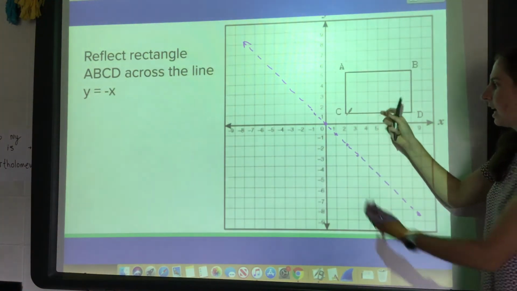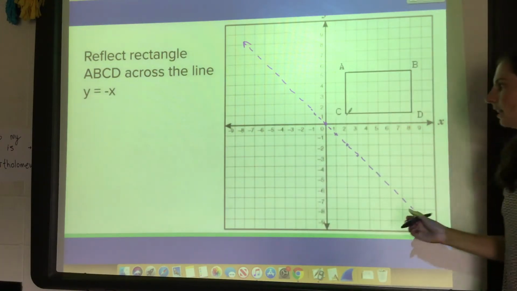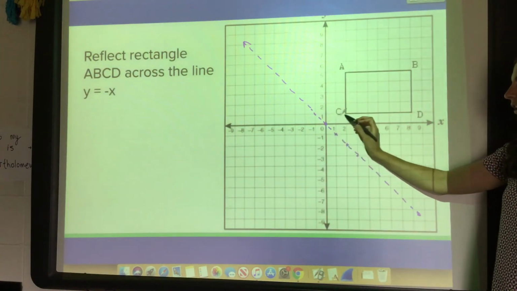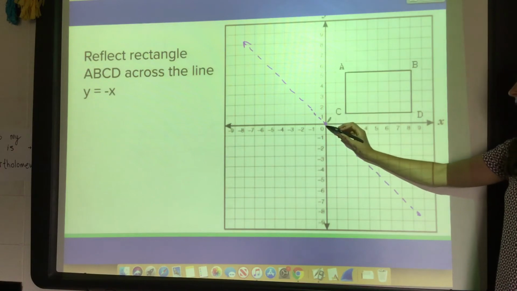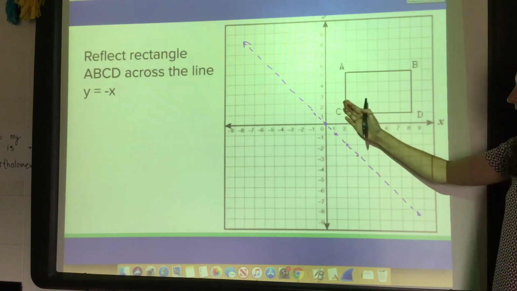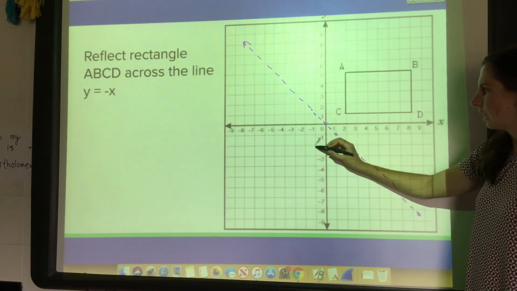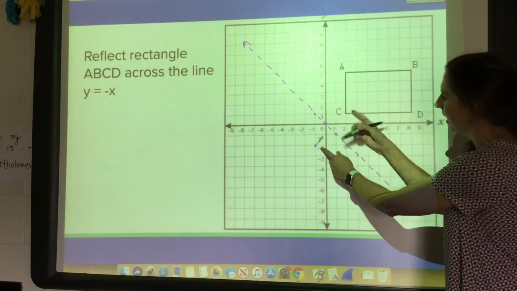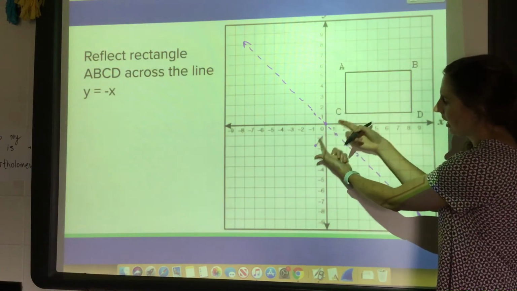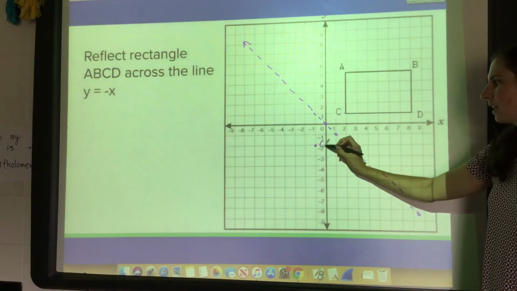So if I were to fold this, where might it land? Right now from the origin to point C, we go right 2 and up 1. And so if I were to fold it, it would be down 2 and left 1. Do you see how those would line up across that line? So that's C prime.